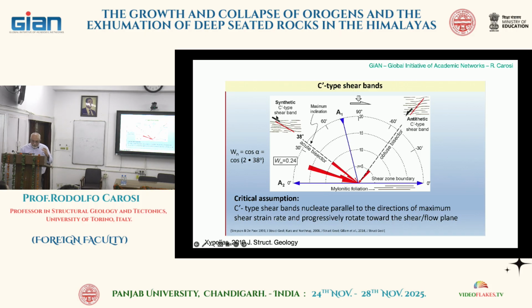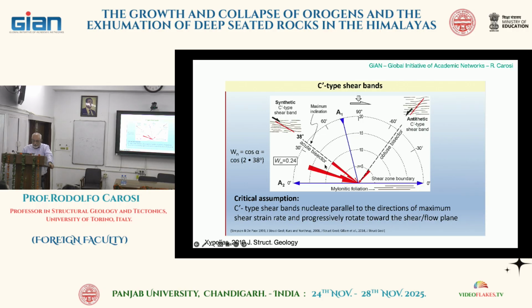This means that C prime shear bands develop in this direction because there is a maximum shear strain. So it is very easy. You can take a measurement of this C prime with respect to the high strain foliation. You double this angle and you find the vorticity value, the cosine of 2 times 38 degrees, that is this angle.